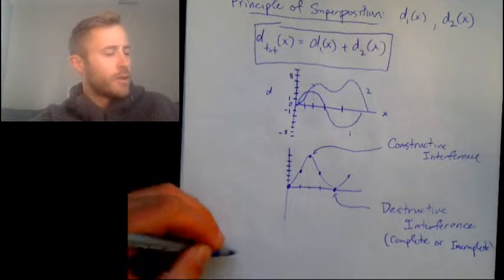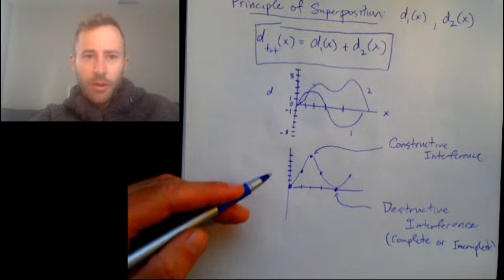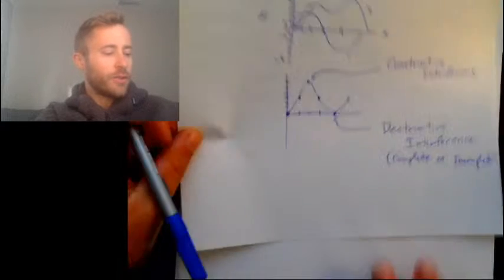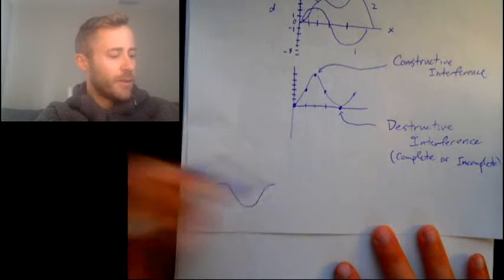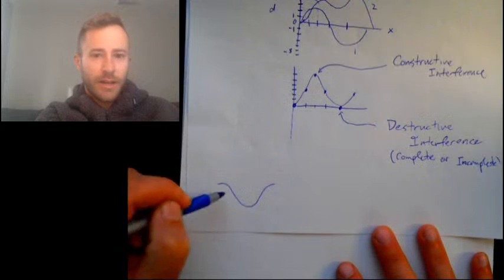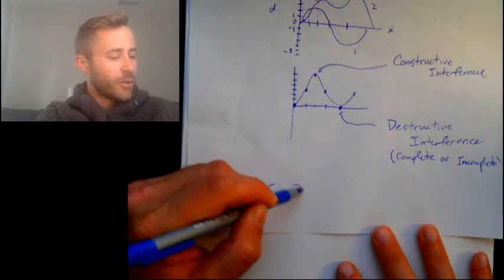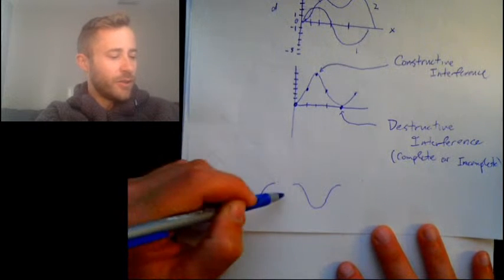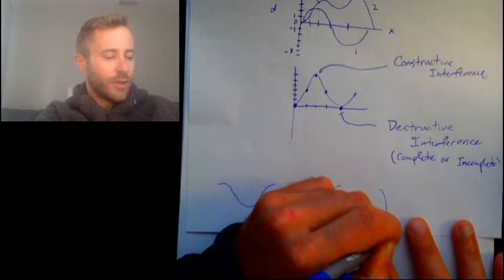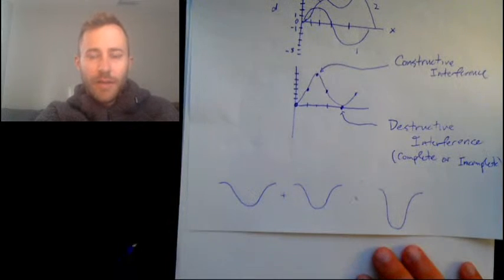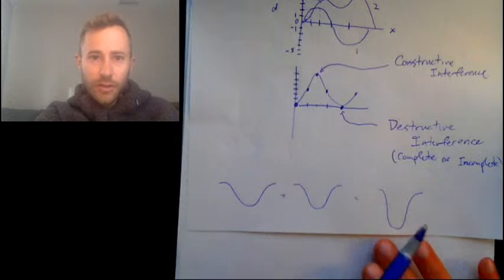Okay, so another thing I want to say about constructive interference is if you had a wave that had a dip and then another wave that has a dip, and you combine them, they make a wave with an extra big dip, and that is still considered constructive interference.